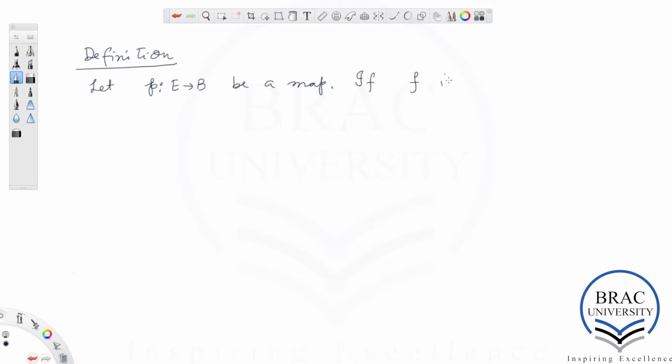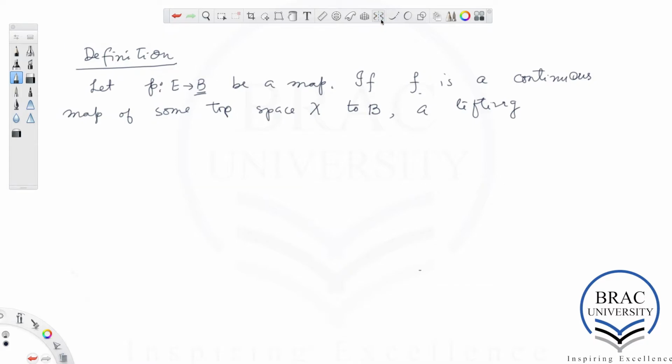If F is a continuous map of some topological space X to this topological space B, then a lifting of this map F is a map F bar from X to E such that P composed with F bar is equal to F. In other words, the following diagram commutes.